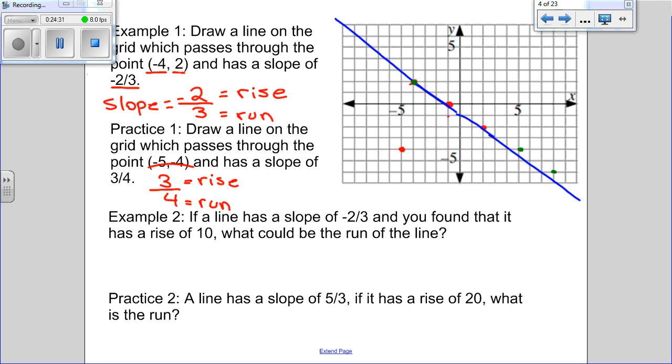So I could go left 4, 1, 2, 3, 4, and down 3, 1, 2, 3, and get that point down there. So you could go backwards as long as you're going to the left and then down. It works too. That's why we try to always keep things going to the right. It just makes positive and negative so much easier. But if you notice, at this point, 3 up, 4 over, it works, right? So you kind of work backwards too.